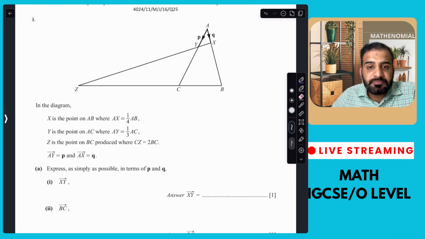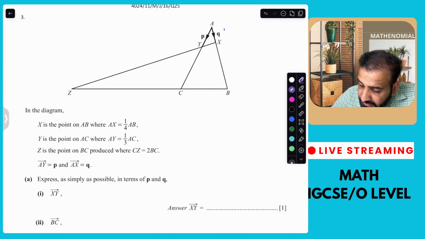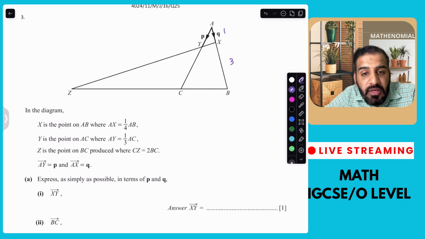In the diagram, X is the point on AB where AX is 1/4 of AB. So it means ये 1 है and this is 3. Okay. Y is the point on AC where AY is 1/3 of AC.